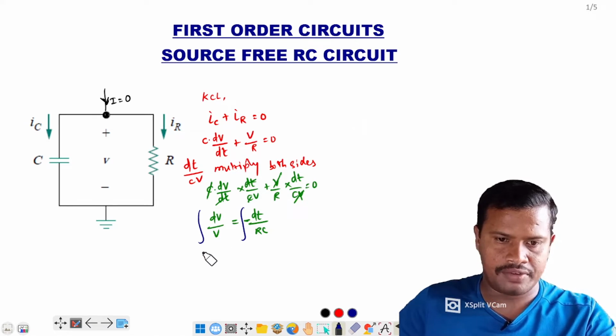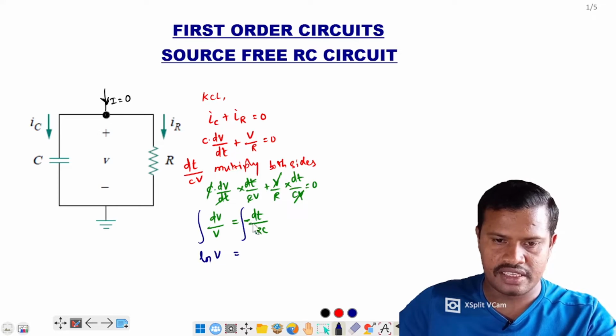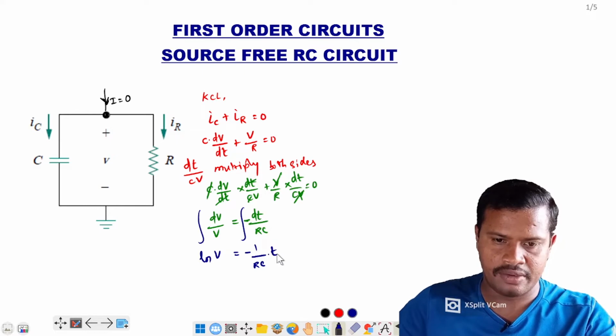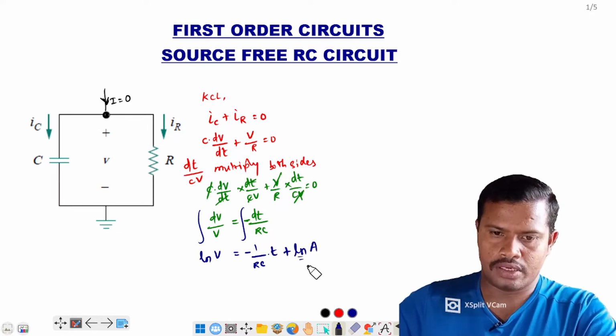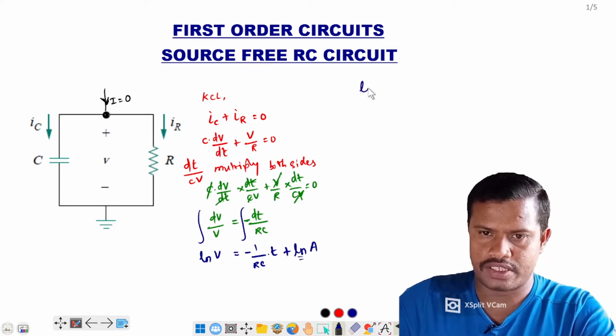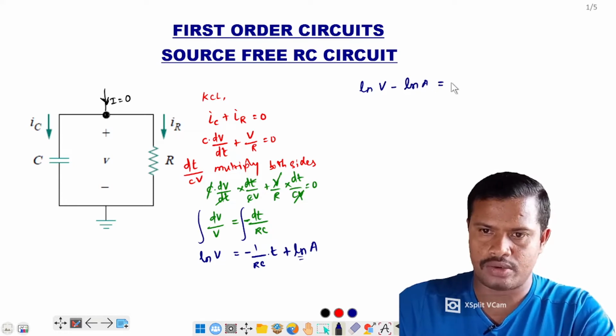The integral of dV by V is the natural logarithm of V, and on the right, 1 by RC is constant and the integral of dt is t, plus, for simplification, the integration constant which we take as natural logarithm of A. Transferring the natural logarithm of A term to the left hand side, the equation becomes natural logarithm of V minus natural logarithm of A is equal to negative t by RC.